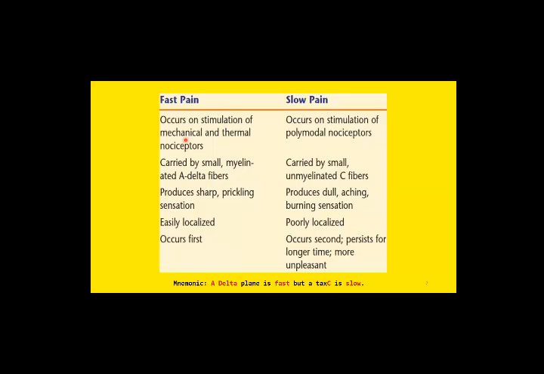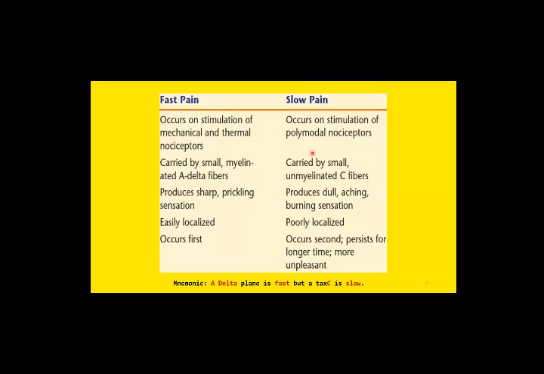For example, fast pain is usually on stimulation of mechanical and thermal nociceptors, whereas slow pain is generally in response to stimulation of polymodal nociceptors. So we have discussed what are mechanical, thermal, and polymodal nociceptors.